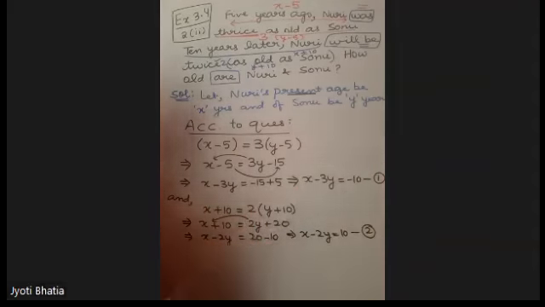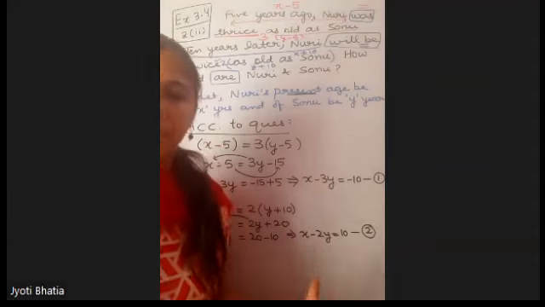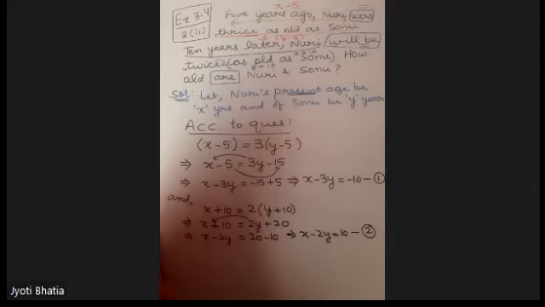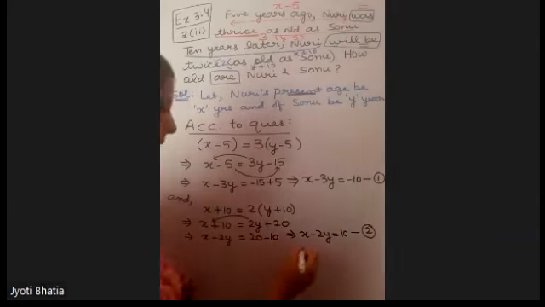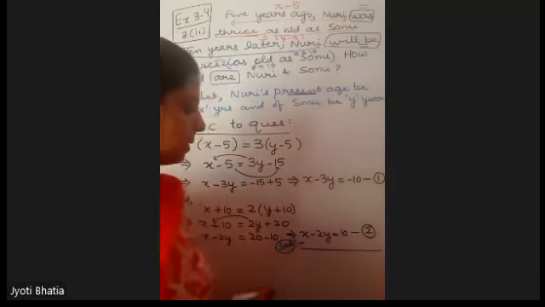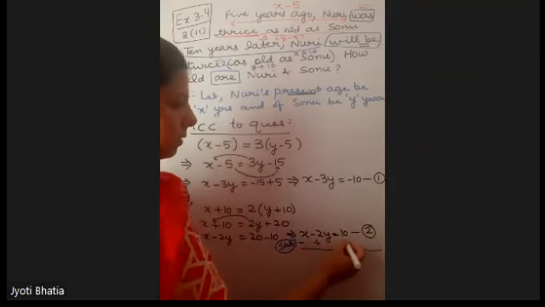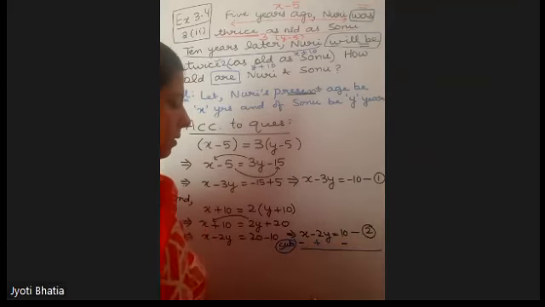Children, can we solve 1 and 2 now? Simplify it for X and Y. Can we do that? Yes. Should I add or subtract? Subtract. So if I just subtract them, change of sign, minus, this will be plus, this will be minus.